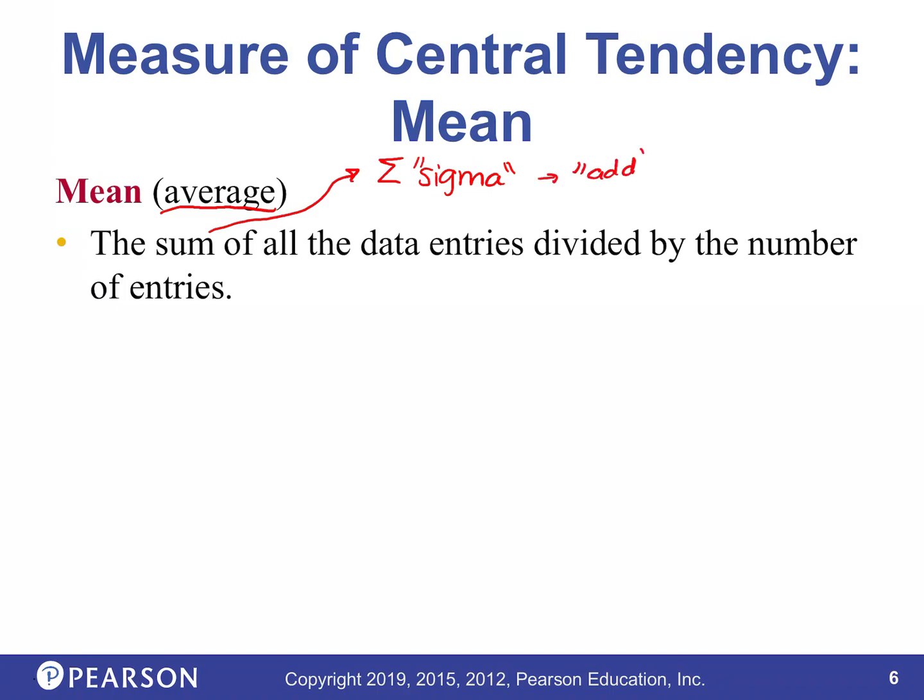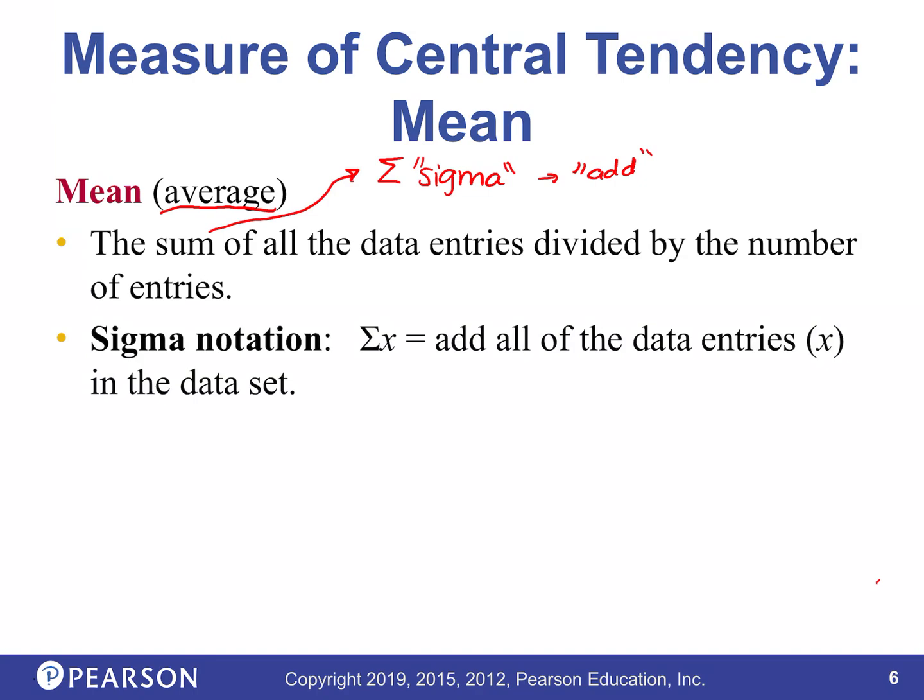It's a shorthand, so we're not writing plus, plus, plus all the time. When you see sigma, it just means to add, and then it says what you are adding. In sigma notation, Σx adds all of the data entries x.